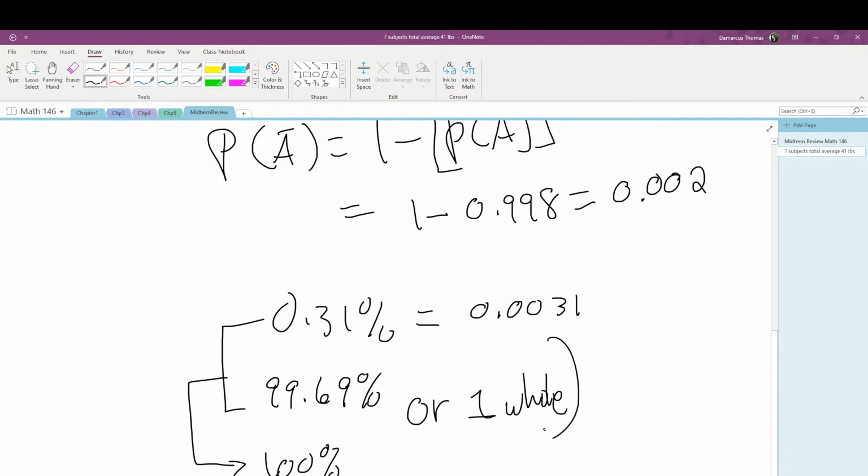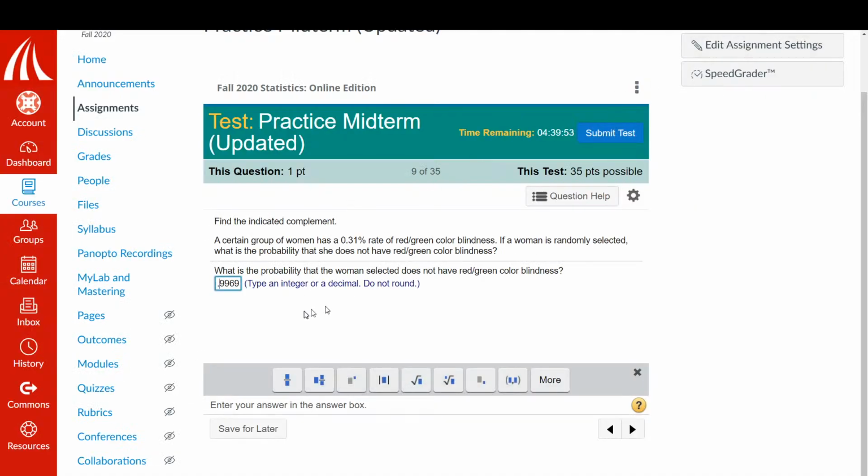And that's what gives us this. So if you were to add those two together, you would get one whole there. So what will we put in for our answer? 0.9969.